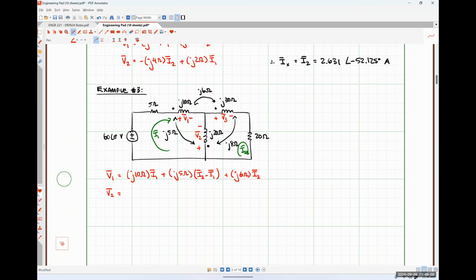I1 minus I2 times J20, if we wanted a negative sign. I probably want the positive sign, right? Because the positive polarity terminal is at the dot, if we just find the total current that's flowing into the dot, we can force that term to have a positive sign. The total current is once again simply I2 minus I1.